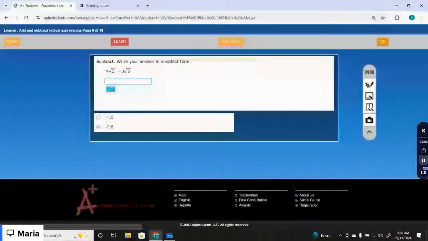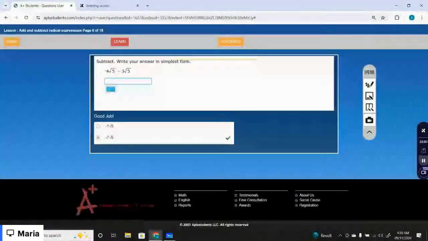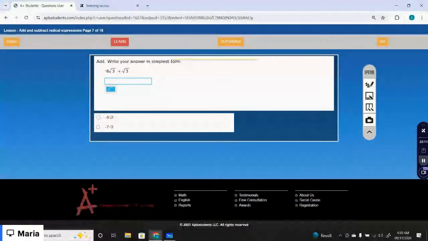That is minus 7 square root 5. Okay, let's just move on to the next lesson.